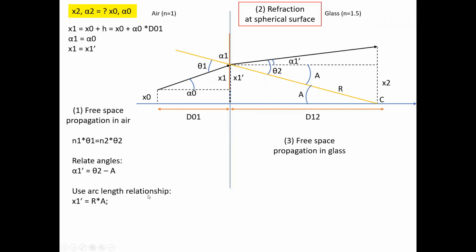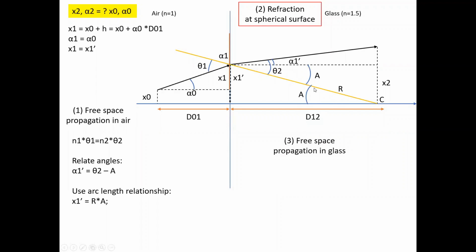Next, we use the arc length relationship. So now we have to figure out what A is because I just added another angle to the picture, A. So what is A? Can I relate it in some way to the terms that I know? Yes, I can. How? Remember the arc length relationship that I first discussed. So S equals R theta. So in this case, this height H or S or x1 prime in our case equals the radius length R times the angle A. Again, because these alternate angles are equal, so this line is parallel to the optical axis.